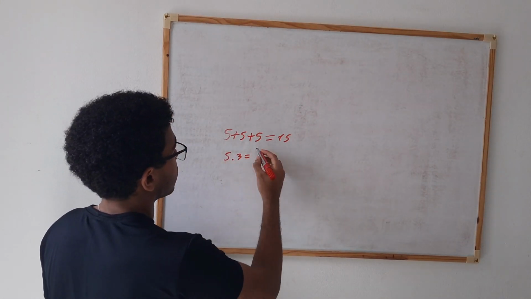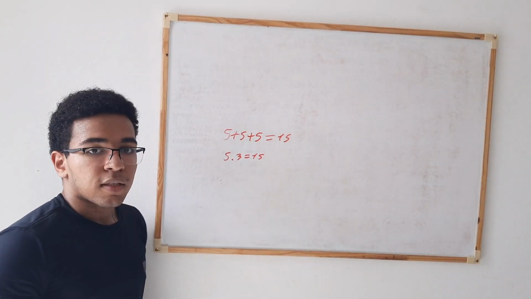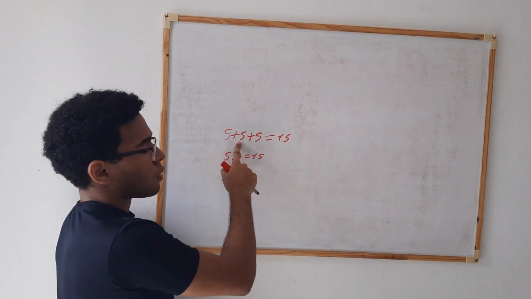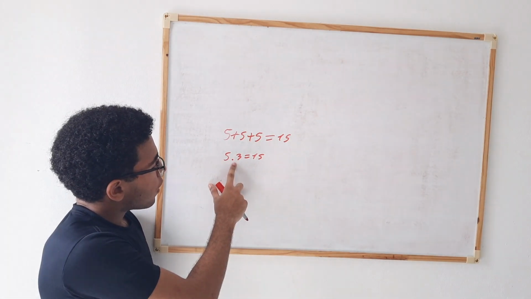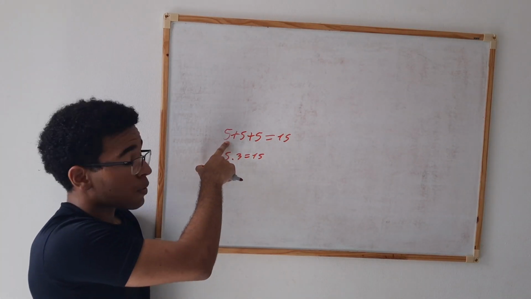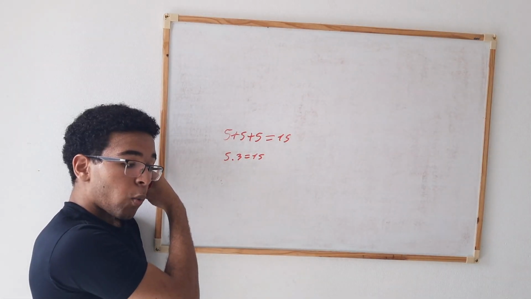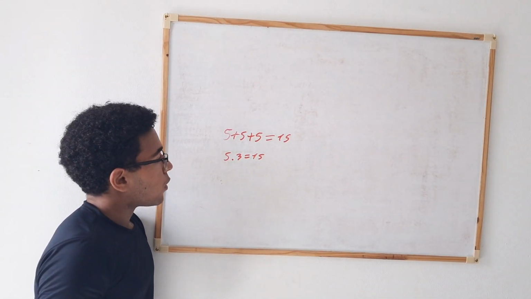I'm sorry, to 15, not 25. Not all children would be able to solve this, but they would be able to do this, right? So if we can understand this more complex concept through a simpler one, we can, of course, understand it better. Okay?